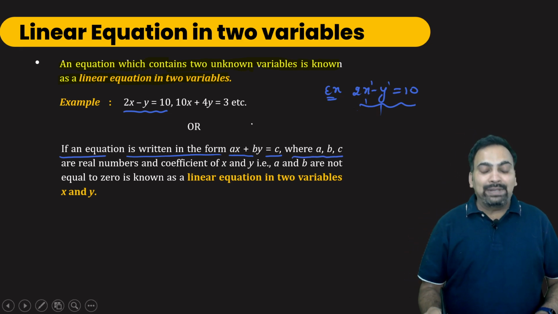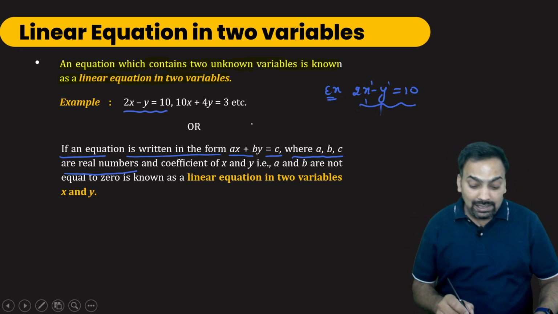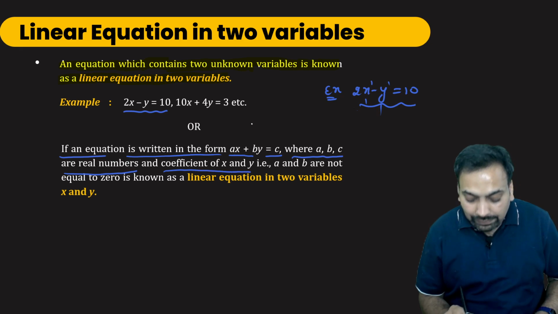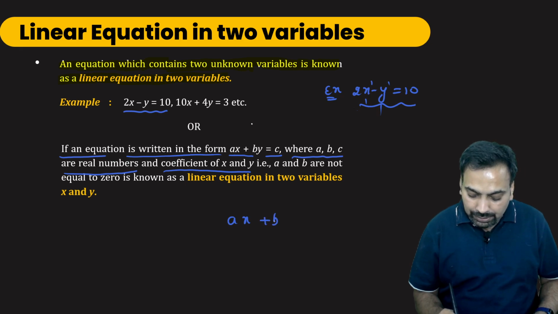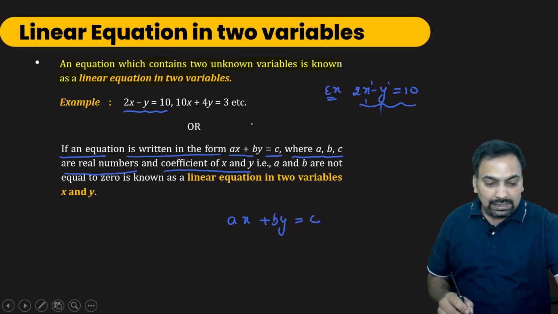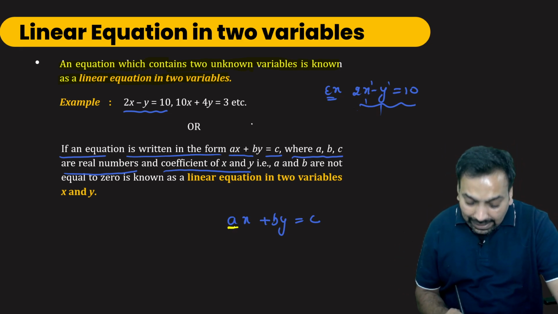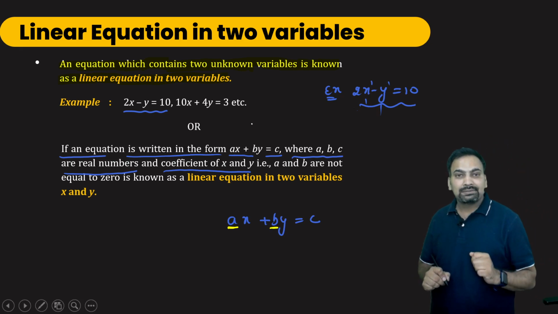where a, b, c are real numbers, and the coefficient of x and y, if I am writing ax plus by is equal to c, the coefficient of x is a, the coefficient of y is b. Got it?